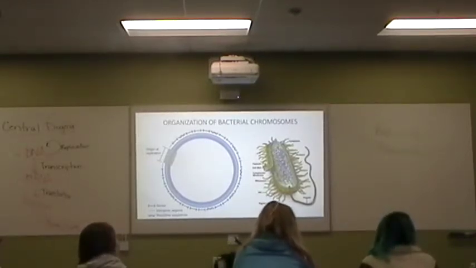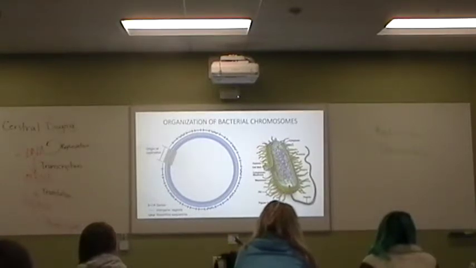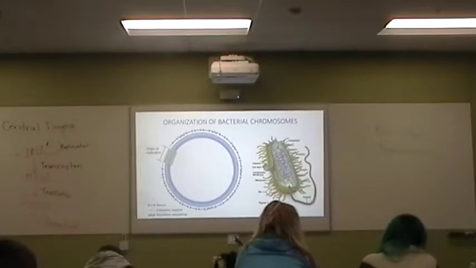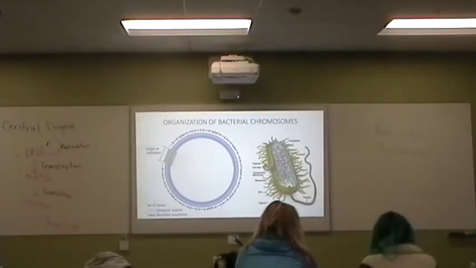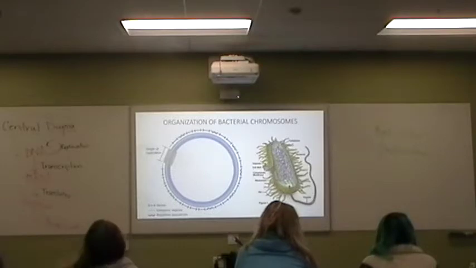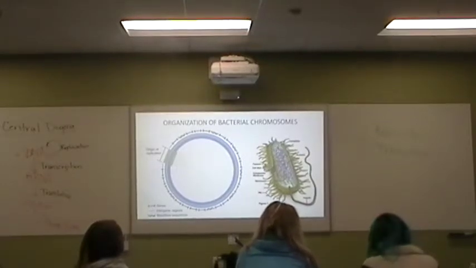Okay, so it's a spaghetti chromosome. They're not in the nucleus. They're not nucleus bound. How many do they typically have? One. Okay, and what is its structure? A circle.